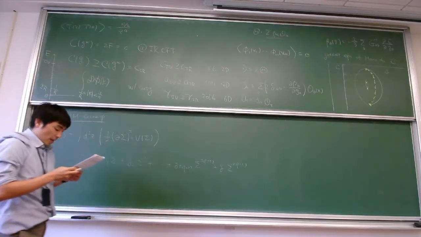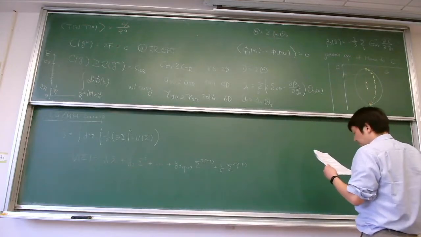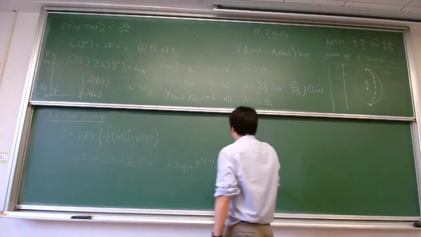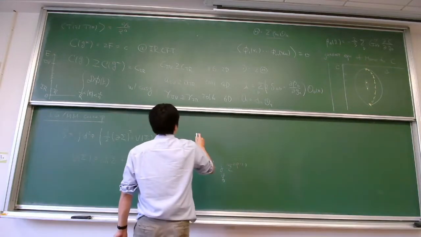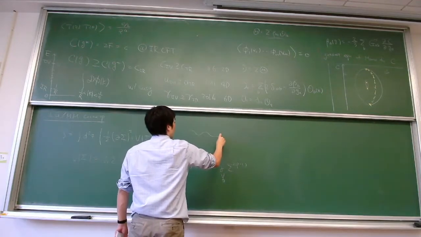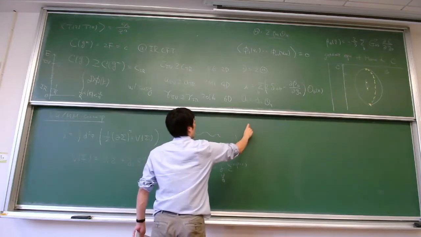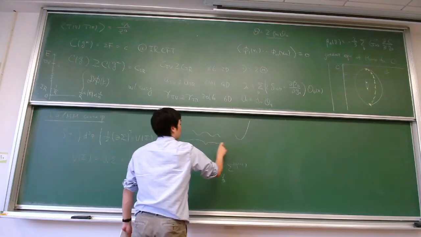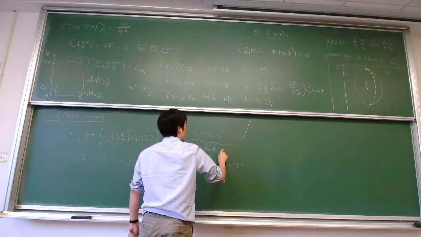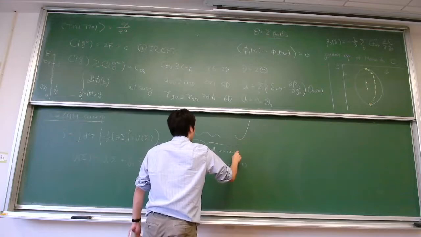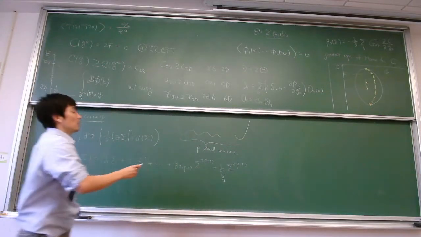Okay, and then if you assume this is positive, this potential looks like this in generic terms. In total, there are p local minima for this.